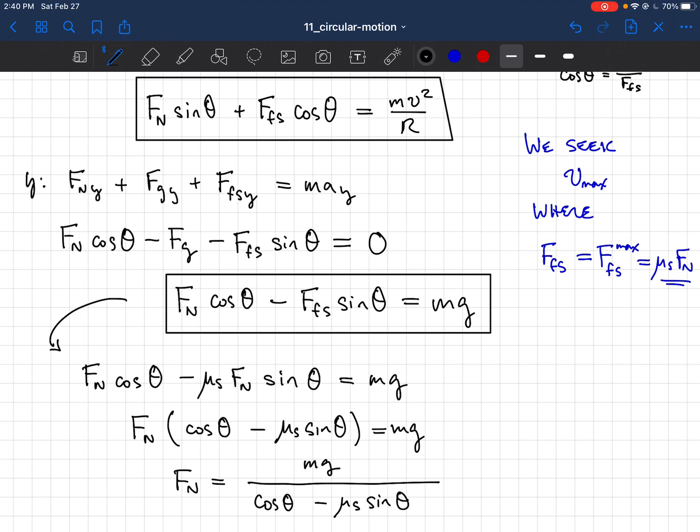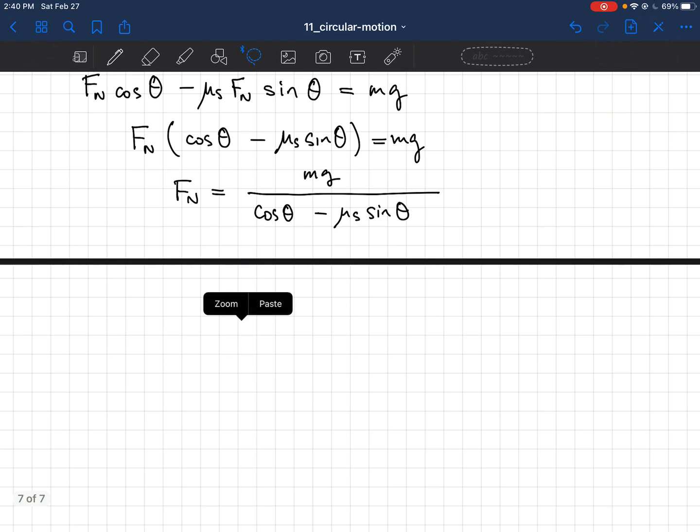Okay, so now I have an expression for Fn, and now I want to use this equation, and I want to plug into it.